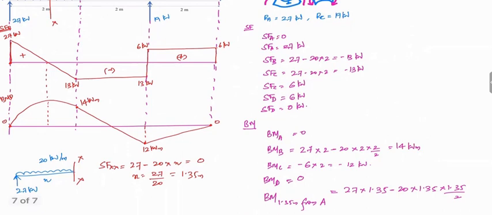So that value I get as 18.225 kilonewton meter. So this value is 18.225 kilonewton meter, the maximum value for your bending moment.